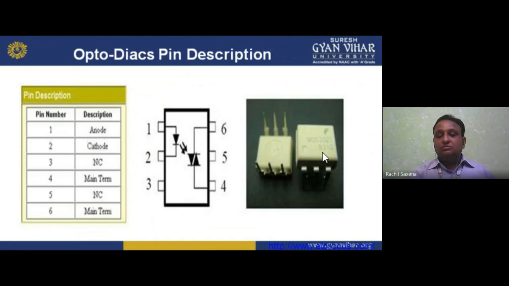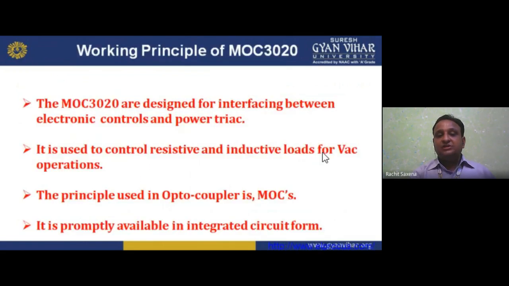So we have an optocoupler and optical isolator. In this 6-pin structure, 1 and 2 work as anode and cathode, 3 has no connection, and 5 and 6 are the main terminals where we connect. I hope you understand.